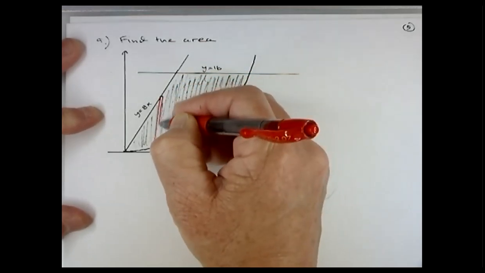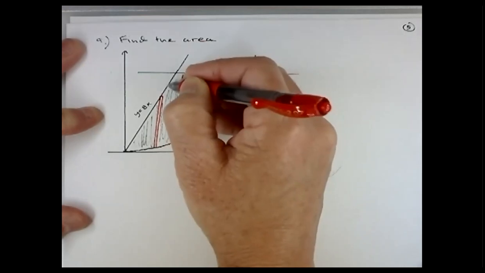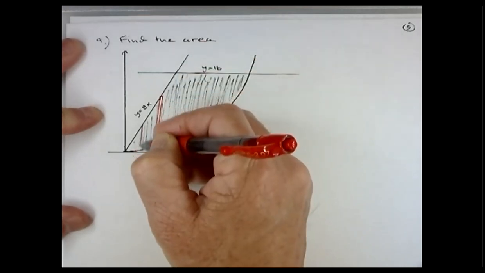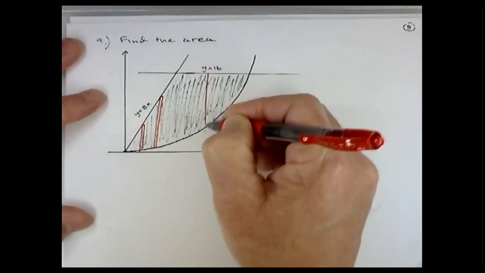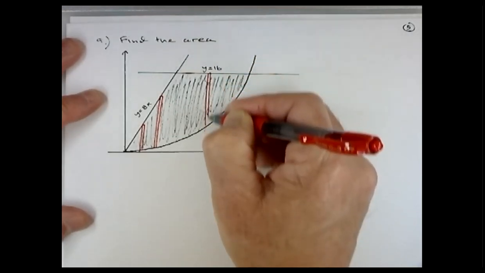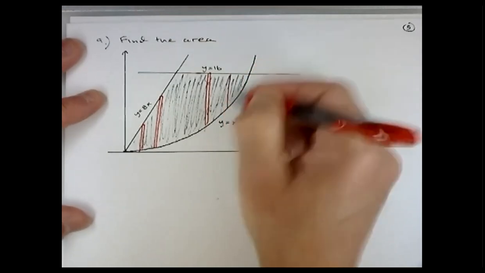Remember, the integral is adding up the Riemann sum, which could be adding up a bunch of rectangles under your graph here. I like to draw a few throughout the region.